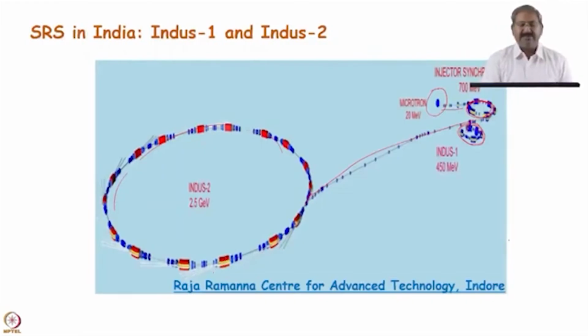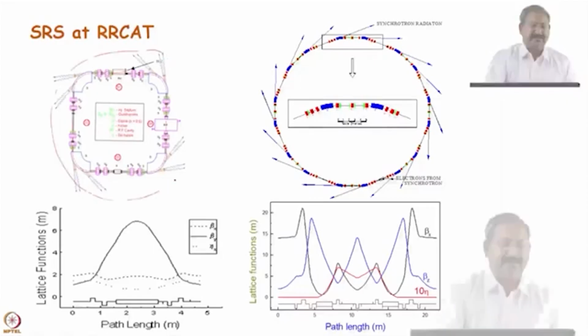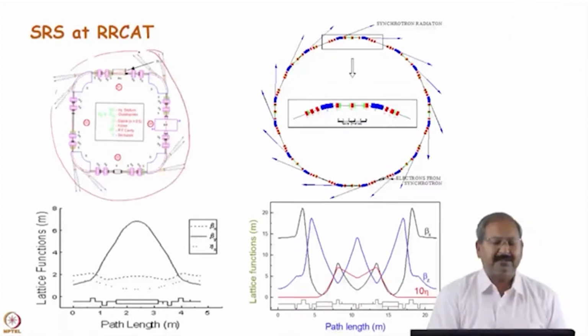So you can see here 16 dipole magnets are used to make this Indus 2, and on each magnet there is radiation coming out. And in one cell you can see this is a schematic of the Indus 1. Indus 1 is a very small storage ring.